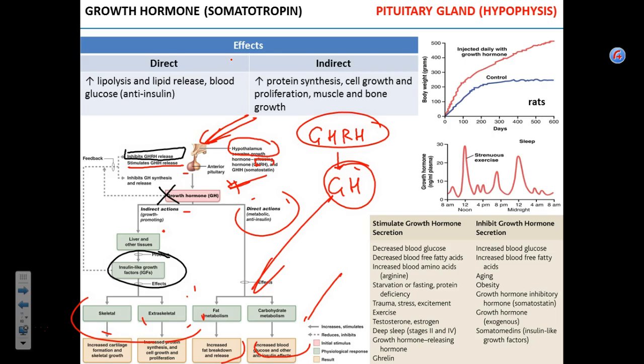Does that make sense? For this topic, for the endocrine system, you have to think in increase-decrease terms. It's all about going up and going down. Am I clear?